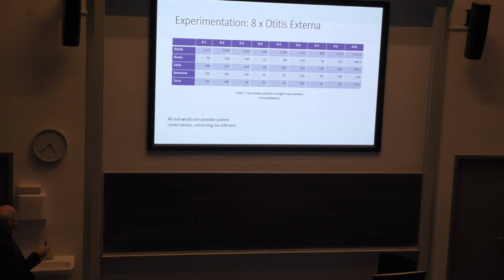You see that the number of words varies, but on average is 1100. For instance, nouns about 100, verbs, sentences, and turns. You see also the number of turns; the dialogue is really interactive, with question answering.